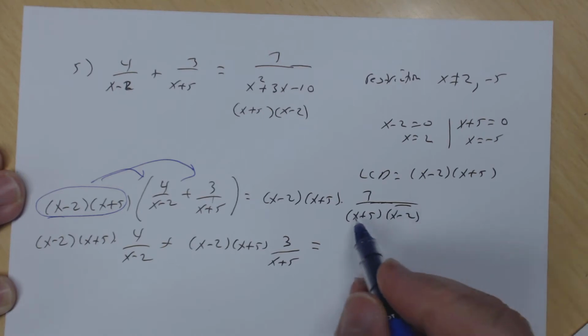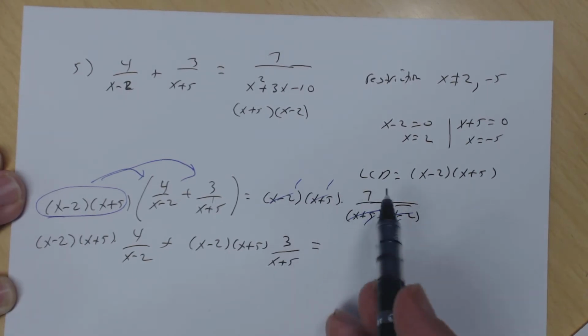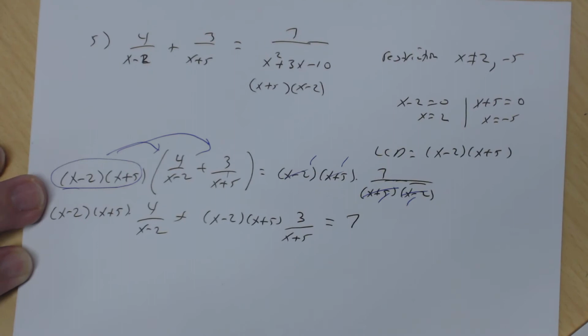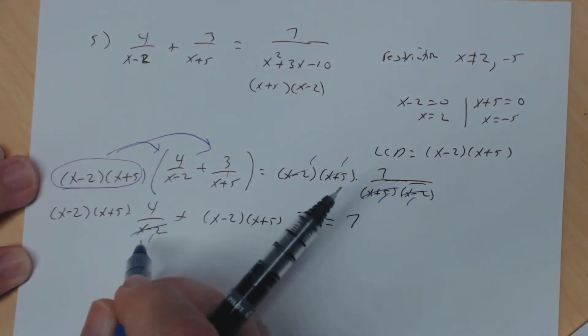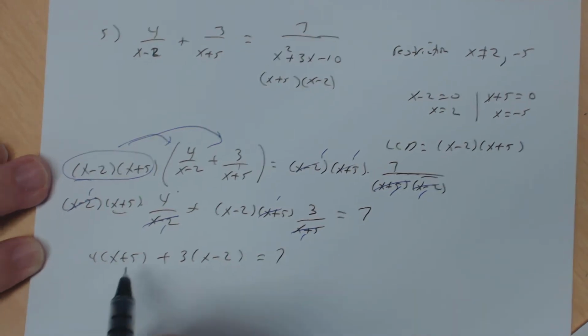And over here, these x plus 5's divide out, the x minus 2's divide out, and you have 1 times 1, and then 7 over 1 is just 7. And over here, the x minus 2's divide out, and you get 4 times x plus 5, with the x plus 5 in parentheses, plus, and over here, the x plus 5's divide out, and you get 3 times x minus 2, with x minus 2 in parentheses, and that's equal to 7.